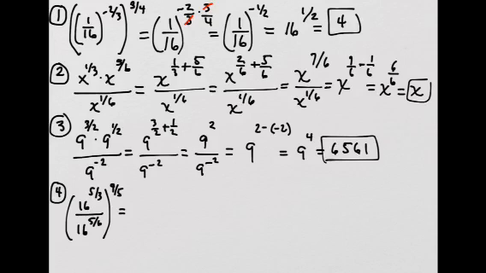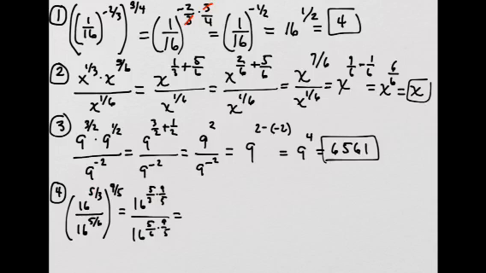Okay, so I'm going to distribute the outside exponent, this one, to here and here. So that gives me 16 to the 5/3 times 9/5. And in the denominator, 16 to the 5/6 to the 9/5. Okay, so I distributed the 9/5 here and here, top and bottom.